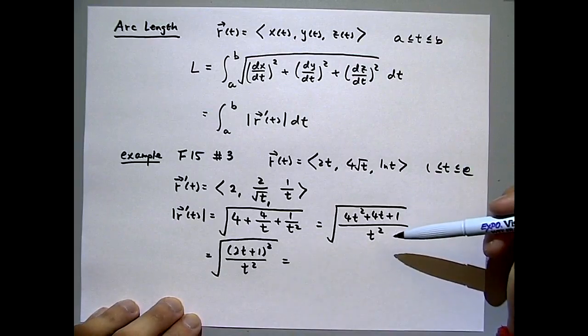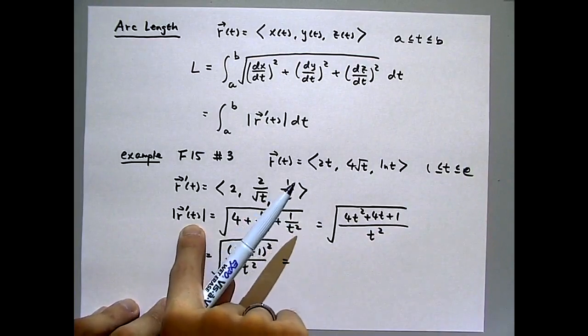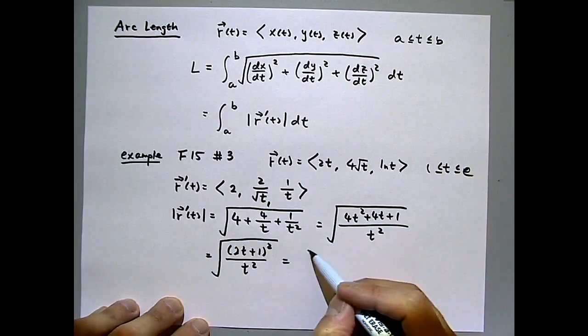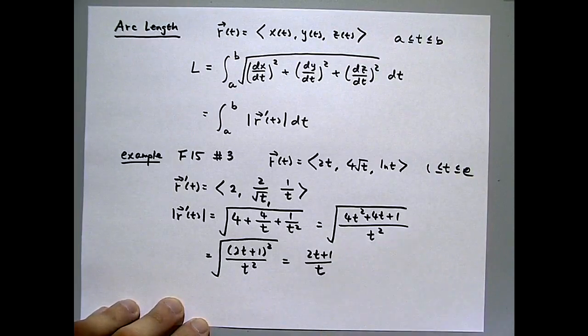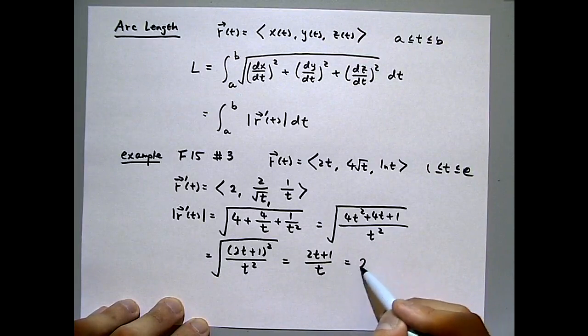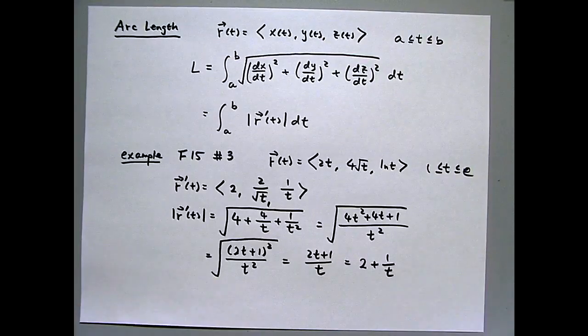Downstairs is t squared. Taking the square root, remembering that the magnitude is always positive, we keep the positive root. So this turns out to be 2 plus 1 over t.